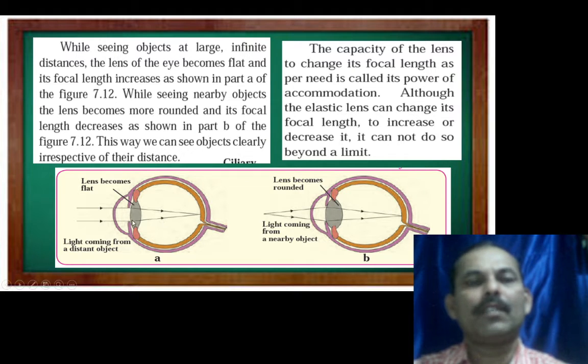If you see the size of this lens, here the lens becomes flat, and here for a nearby object the lens becomes rounded, and for objects which are far away the lens becomes flat.